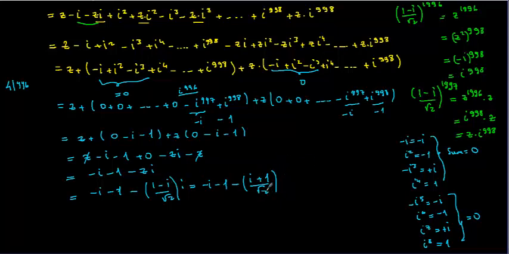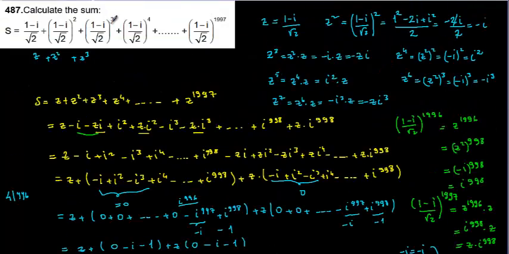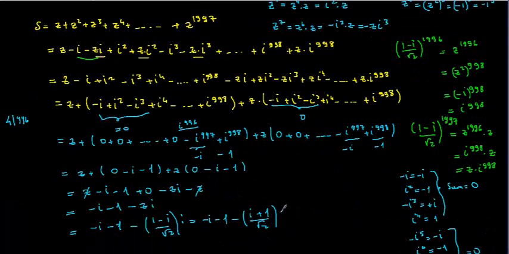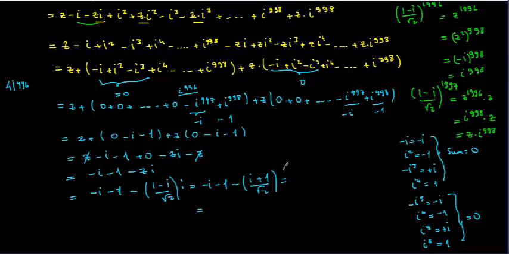Then I'm going to write this root 2 as a denominator, because the question says to calculate the sum. At the end I'm going to find one complex number. The sum is going to be equal to root 2 minus 2 root 2 I minus root 2 minus I minus 1, all over root 2.